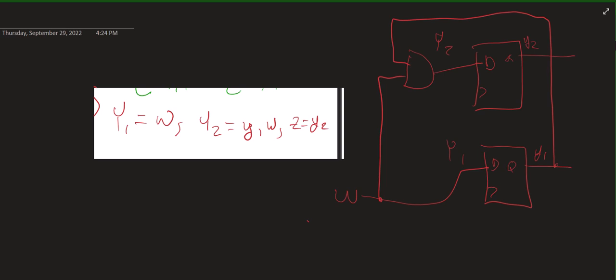And Z is Y2, so that's Z. And then you have a clock. So it just gets us a simpler circuit.